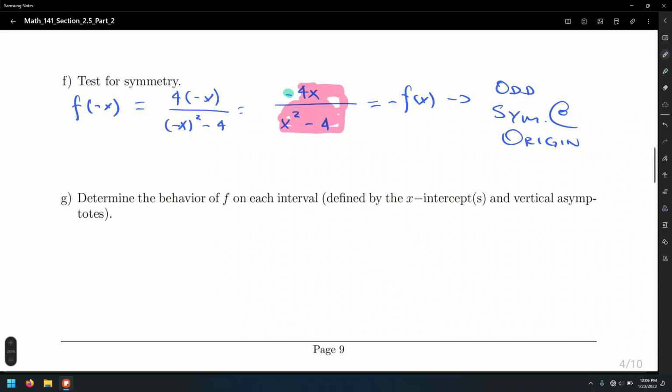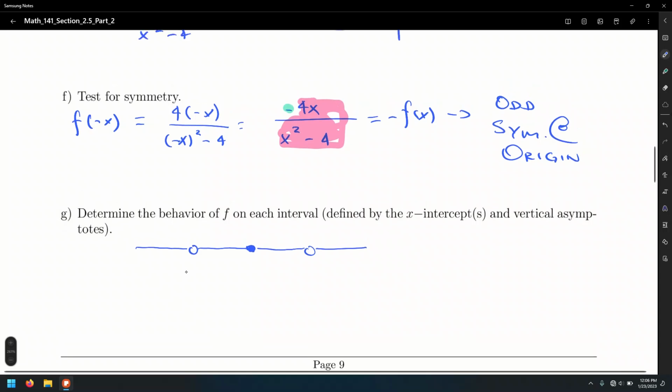Again, my advice: put open bubbles for vertical asymptotes, and solid bubbles for intercepts, and then turn this into a number line. Notice I drew two open bubbles for -2 and +2, which are the corresponding vertical asymptotes, and the x-intercept, which is at 0.